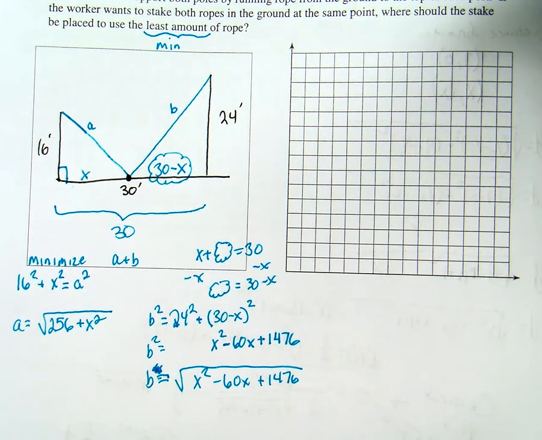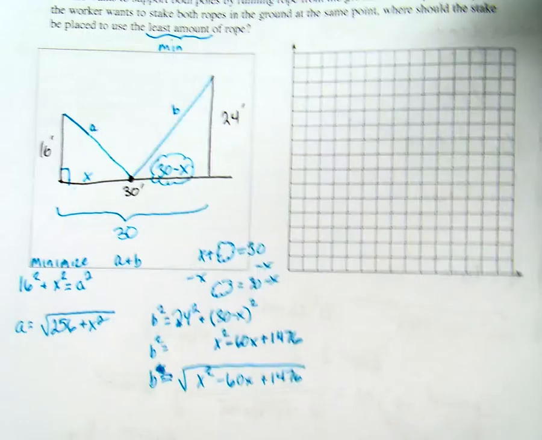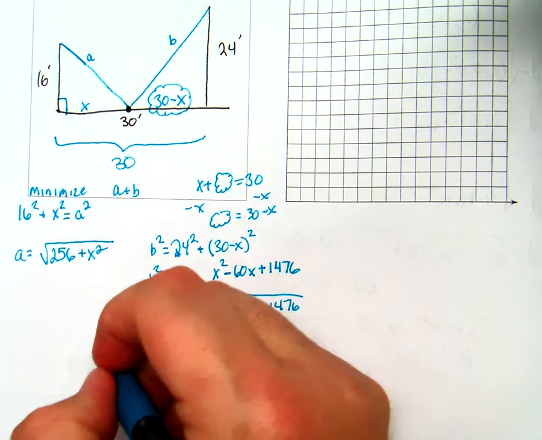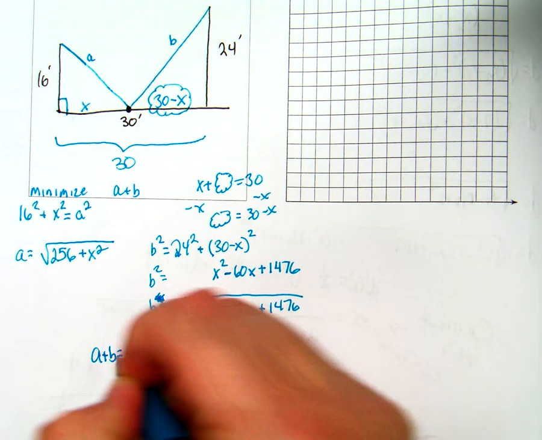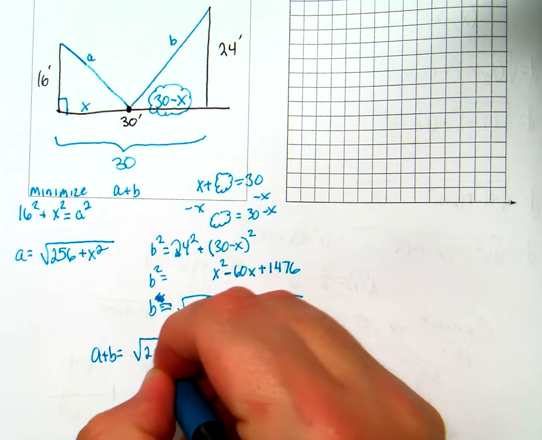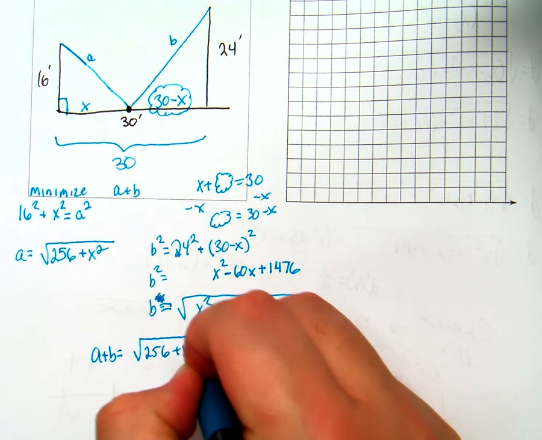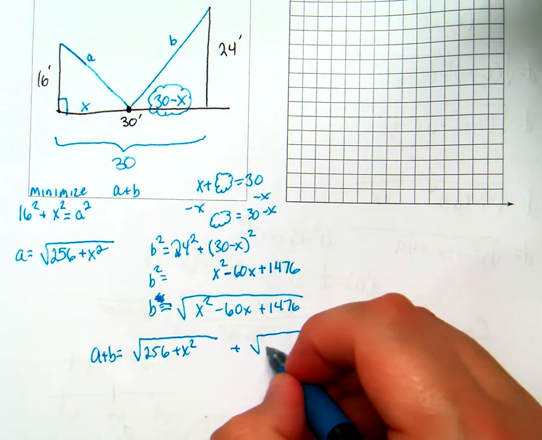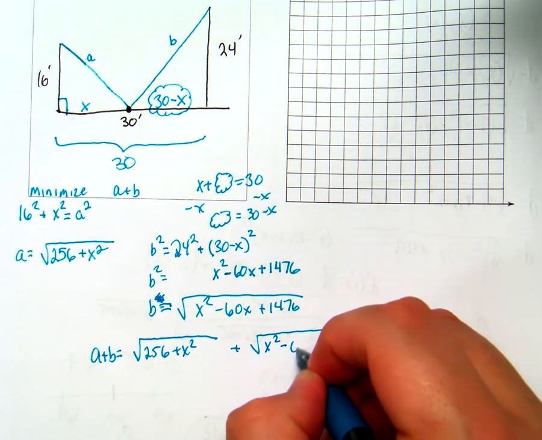All right, so now I have an a and a b. So I'm going to find a plus b, which is the square root of 256 plus x squared, plus the square root of x squared minus 60x plus 1476.